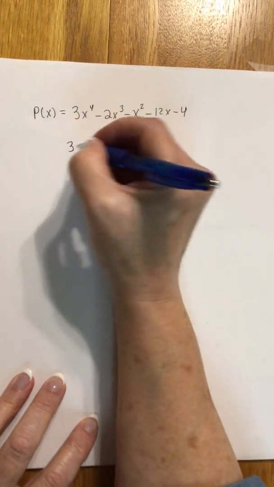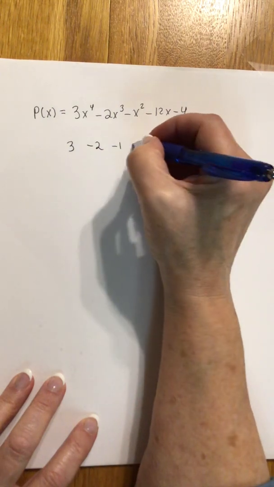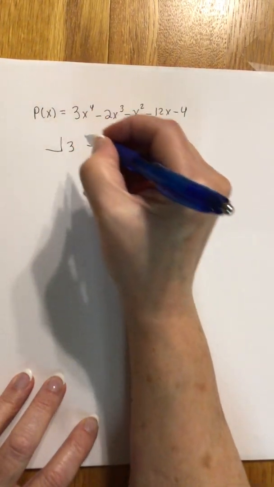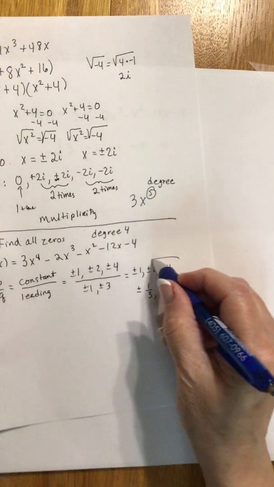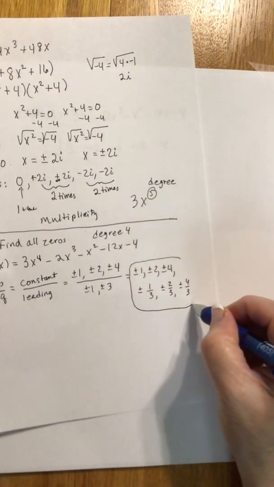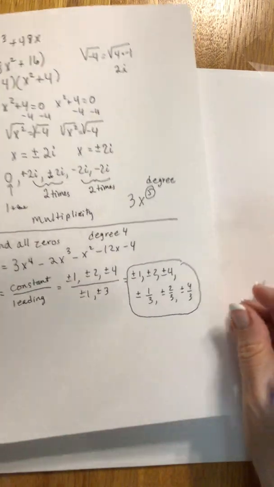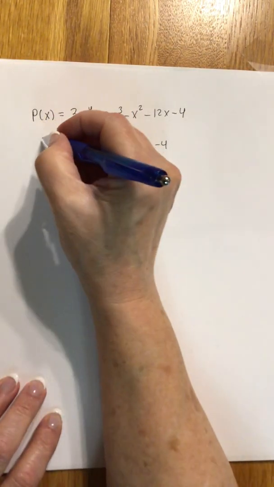So we're going to start out with 3, negative 2, negative 1, negative 12, and negative 4. So we're going to pick one of the possible zeros that we have. So that's these possible zeros. So if we want to get brave and try something with a fraction to begin with, then we might try one like negative 1/3.